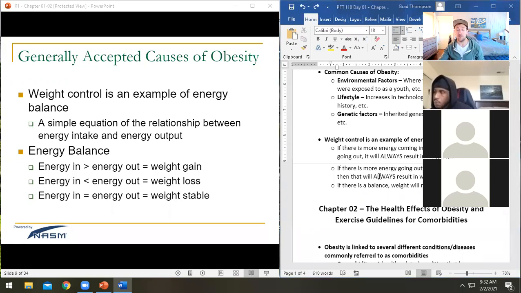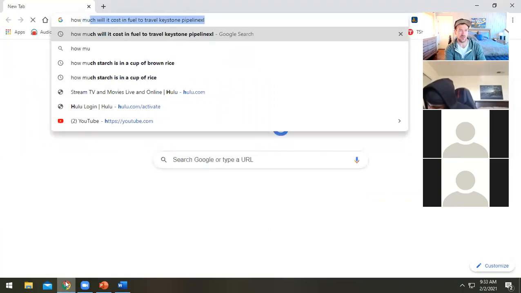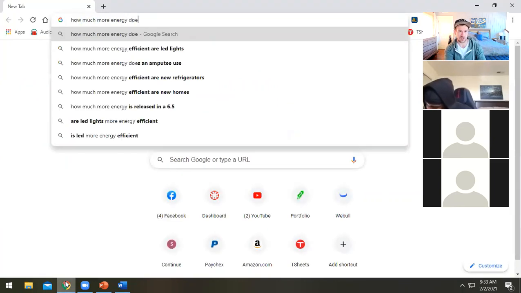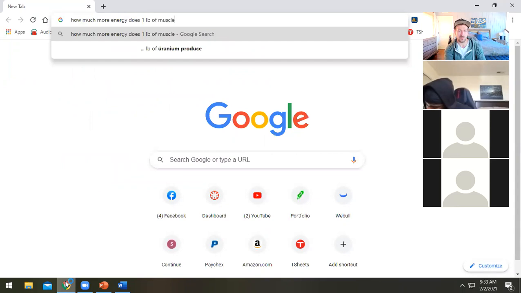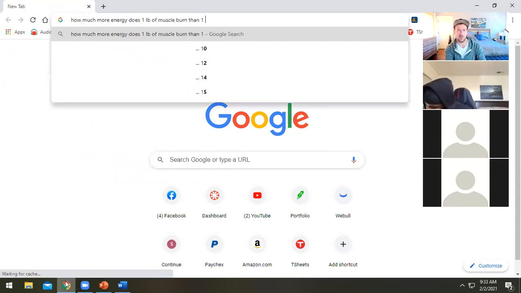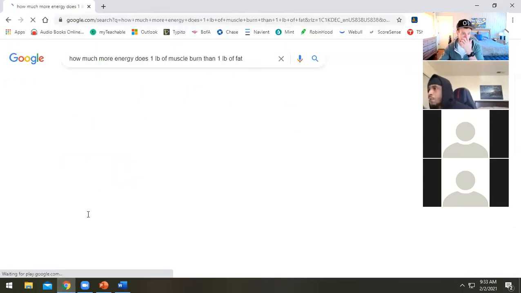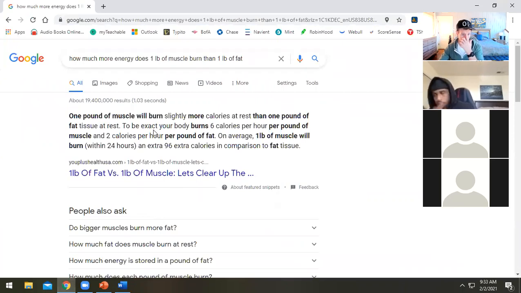Looking at the ideas of muscle metabolism, right? Muscle burns, I think it's 4 times as much? How much more energy does 1 pound of muscle burn than 1 pound of fat? I used to have this memorized. 6 calories per hour with muscle versus 2, so it's 4 times as much or 3 times as much.